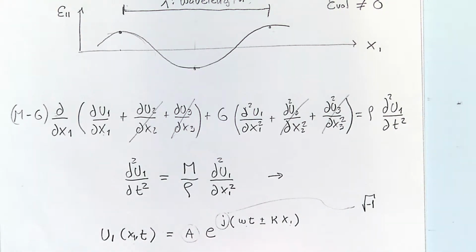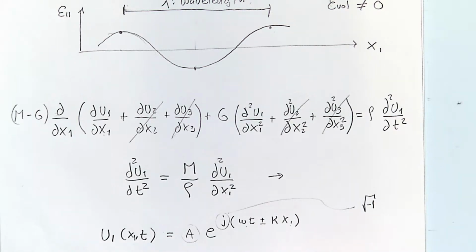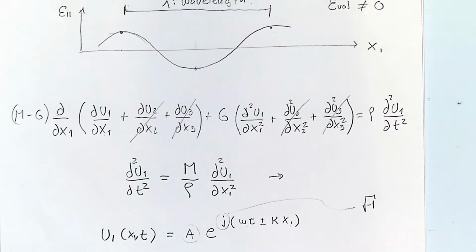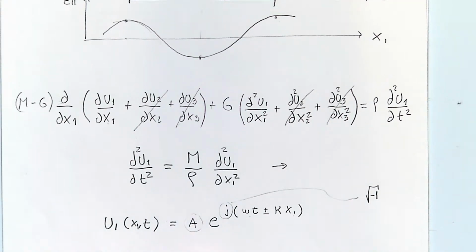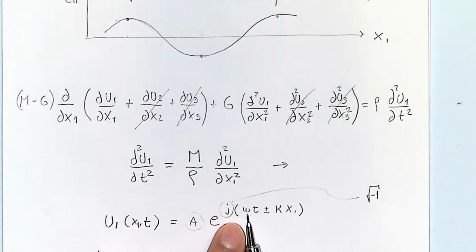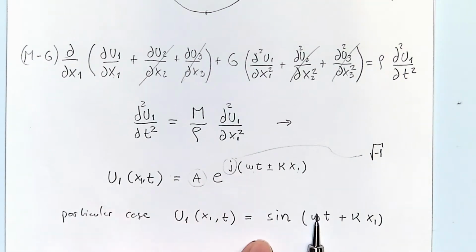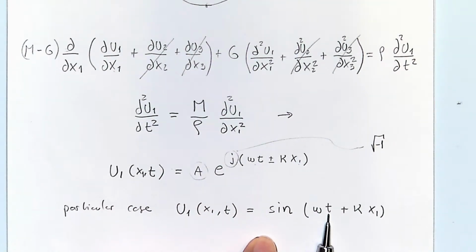that u1, let's say, as a function of x1 and t, is just equal to the sine of wt plus k x1. Oh, I didn't talk about these two parameters. Notice that those are just parameters of proportionality, one for time and one for length.